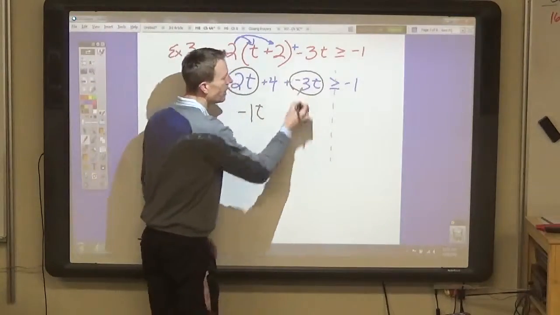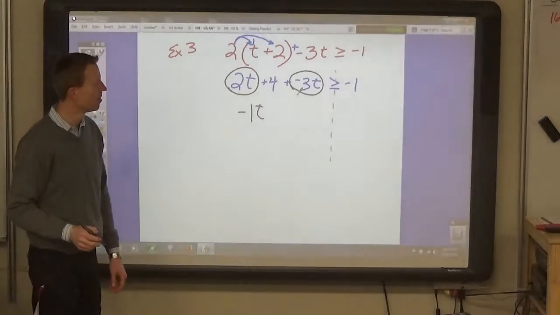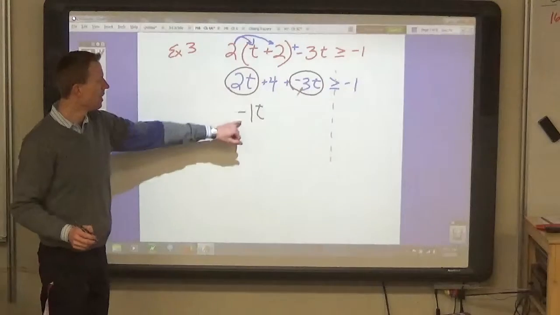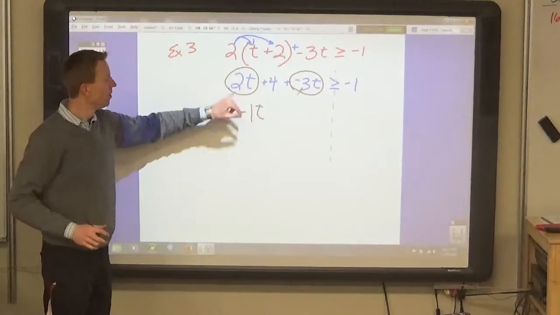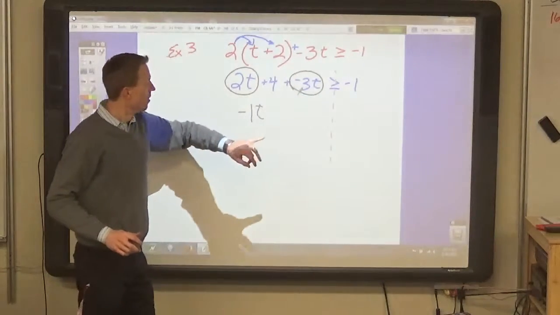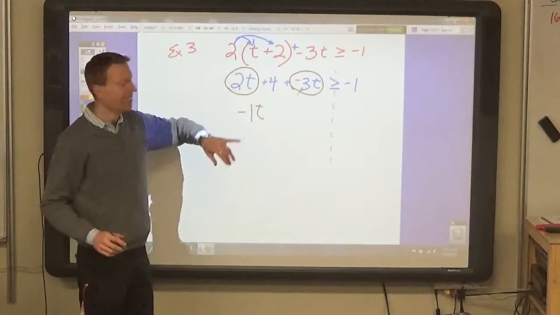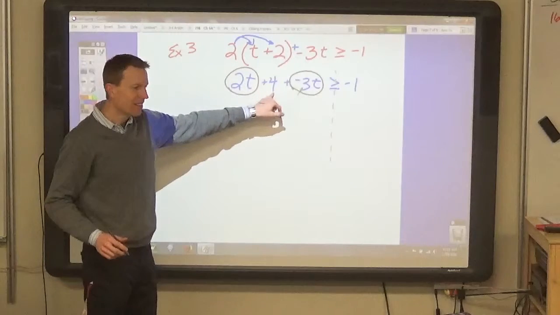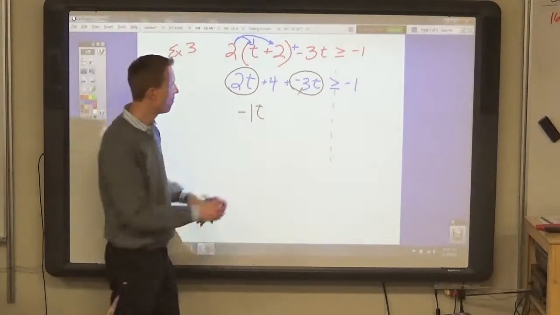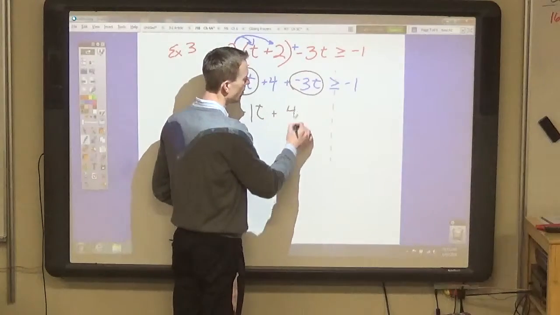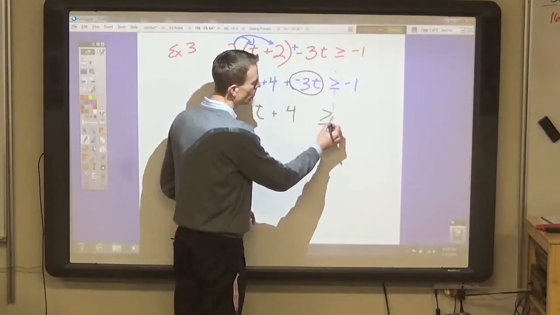We can add these 2 together because they're like terms, because they have the variable letter t. And what else do we have? Positive 4 on the left side. And that's greater than or equal to negative 1.